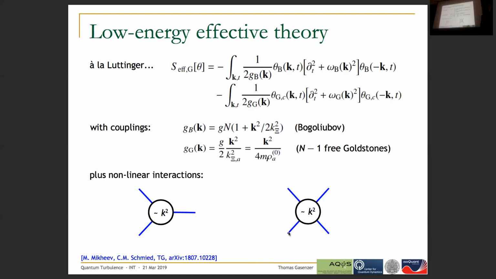Don't you have to assume that the lowest few modes which are highly occupied are phase locked? That's exactly the point. This is how they are phase locked, and this is what you see also in our simulations. They're exponentially phase-locked. They're not completely coherent, of course, but the coherence falls off exponentially.